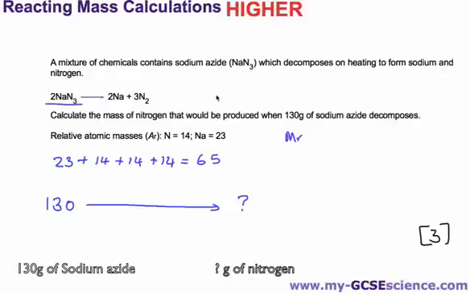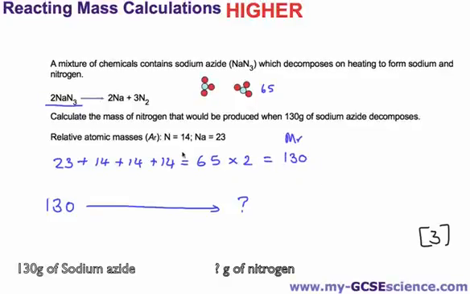So if we were to look at a picture of that, this is what it actually looks like. So the relative formula mass for this is 65, but remember there's 2 of them, so we just have to multiply that by 2, and that gives us 130.